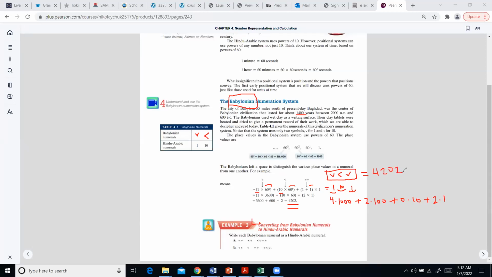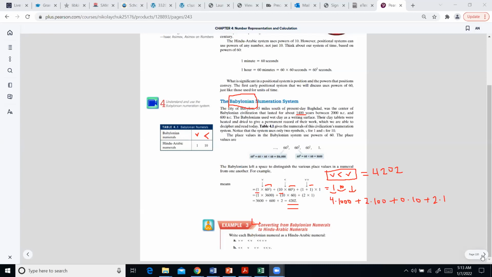You say, wow, that's just unbelievable. How would they guess that this was 4,202? Well, it's so-called base 60 for the numbers. How were they able to figure that out? Well, I guess that's what archaeologists are facing in their work, and that's quite an amazing thing.